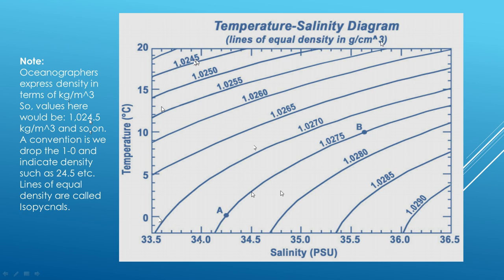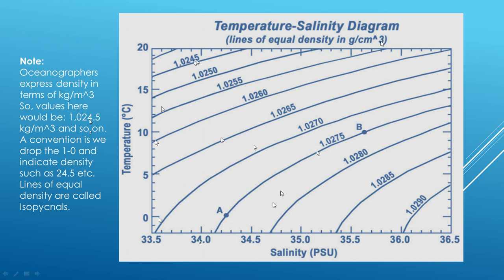As we move it over to here, reading across, the temperature is about 9C. But you say, wait a second, we made the water warmer, so wouldn't that decrease the density?